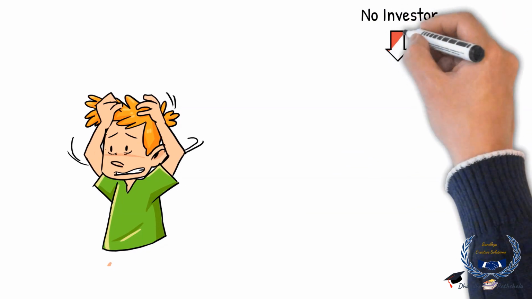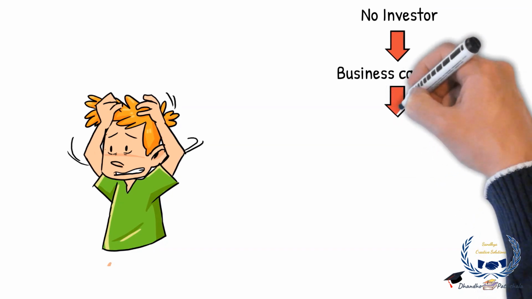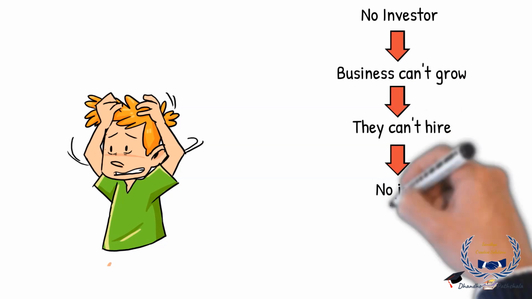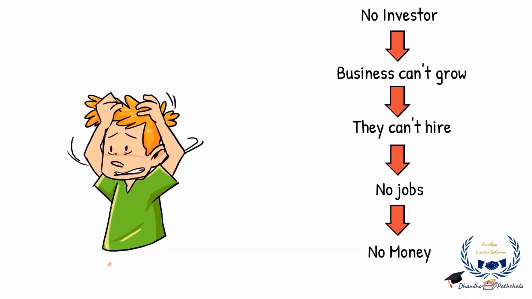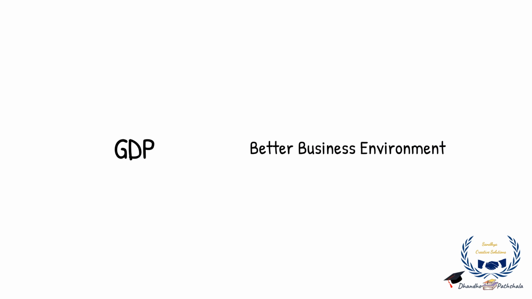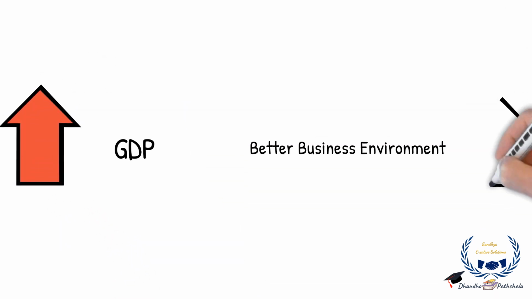Without investors, companies can't grow. If companies can't grow or struggle, they won't be able to hire people. If they can't hire, people won't have a job. Without jobs, people won't be having money. Which means, we will have a large pool of consumers, without purchase power. It's a never-ending cycle. So improving GDP number is an indication of a better business environment.